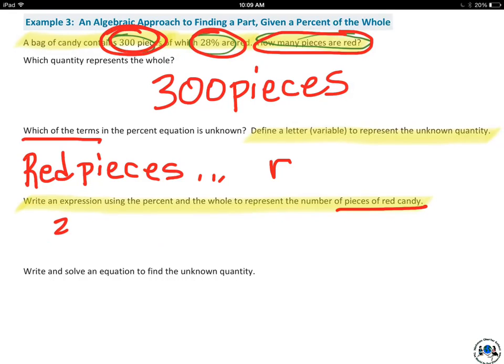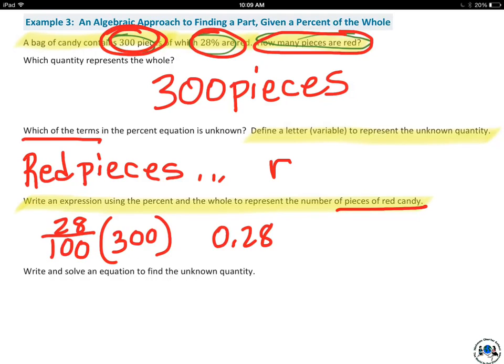We could represent it as 28 over 100 times 300, or as 0.28 times 300. These two are equivalent expressions that could be used to represent the pieces of red candy.